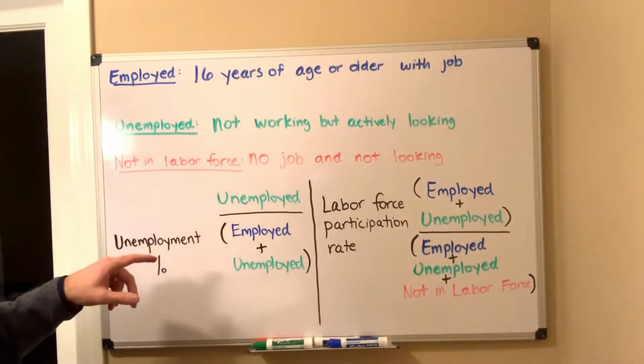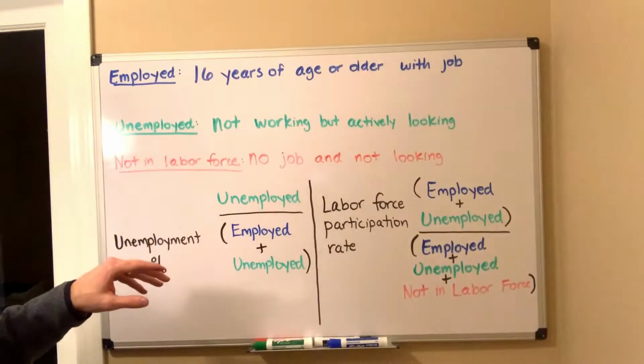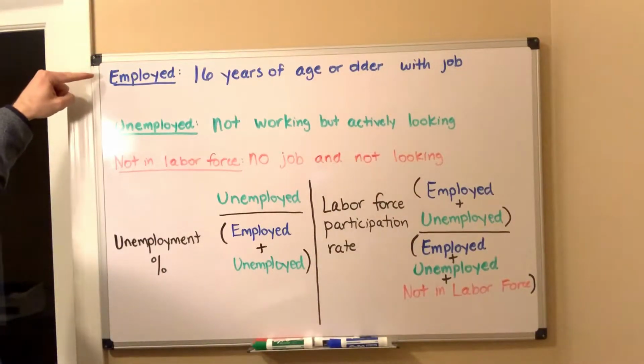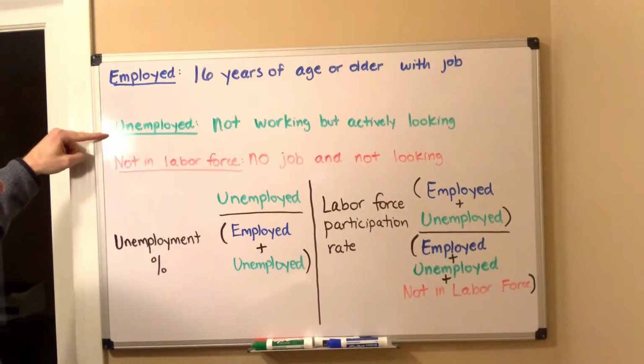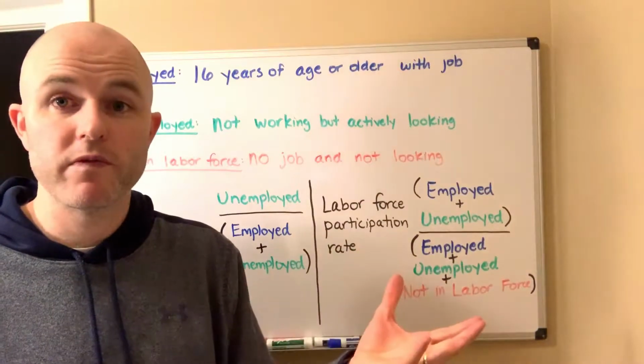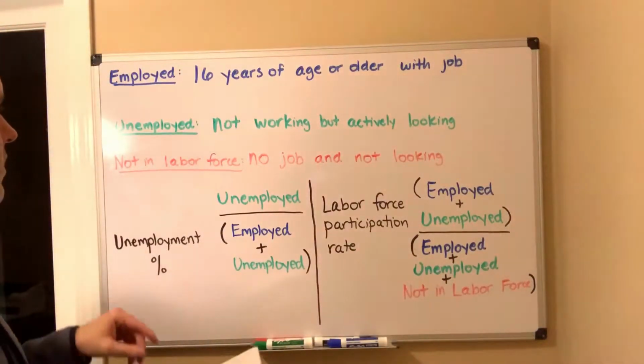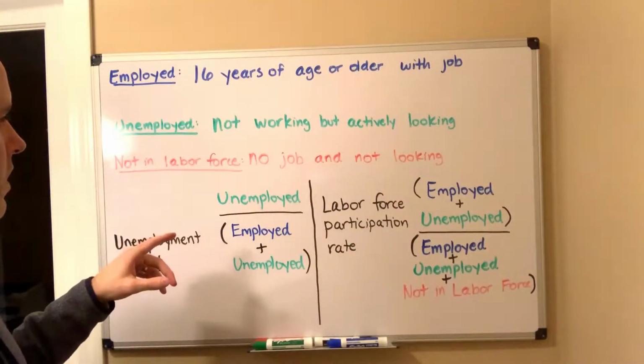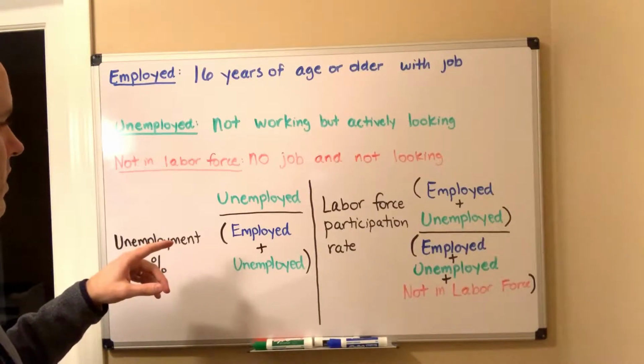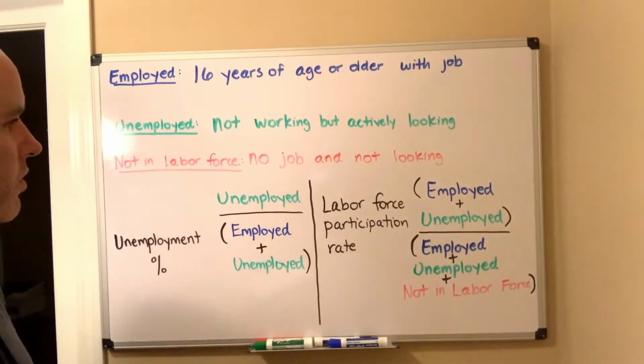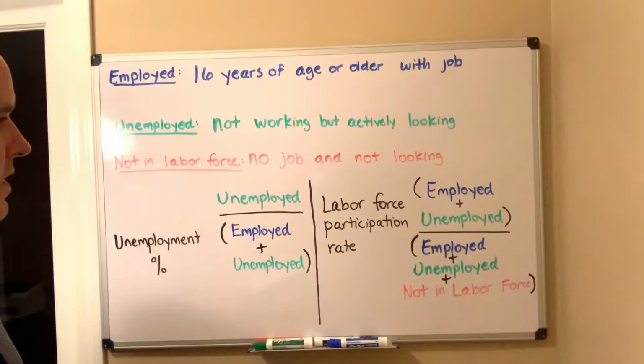One thing to note is that the combination of employed and unemployed people constitutes what's called the labor force. So what we are going to do here is go over the definitions of unemployment and labor force participation rate.